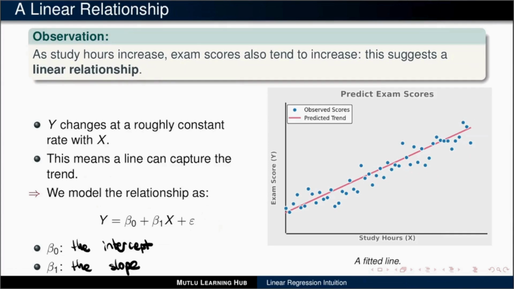It tells us how much the exam score increases for each additional hour of study. On the right, you can see how the line fits the data points. It captures the general upward trend in the scatter plot. Next, we'll talk about how to find the best possible line that fits the data.